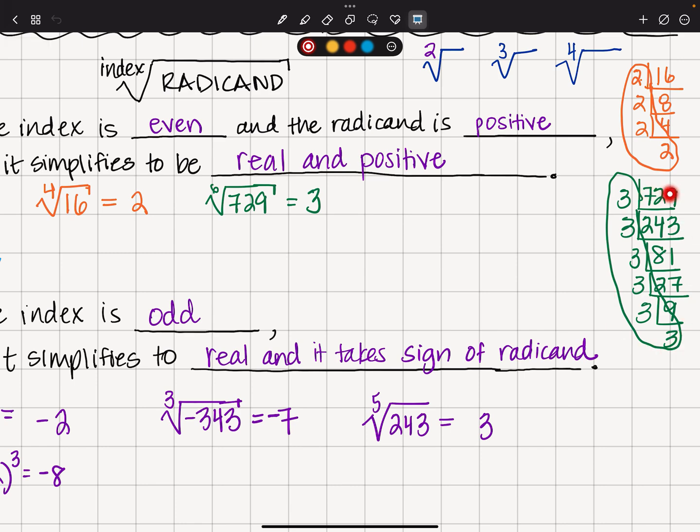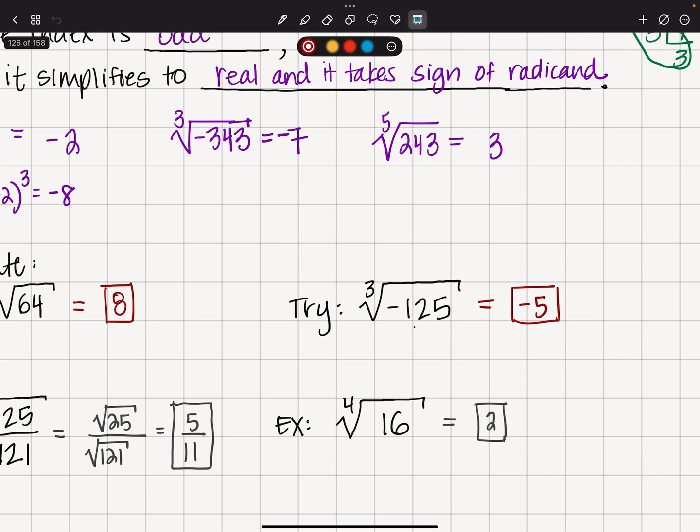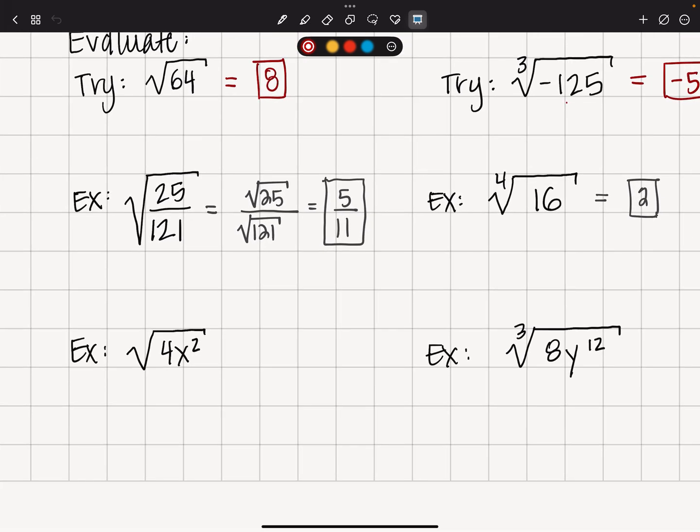So 729 is a very special number. 16 is a special number. 343 is a special number. Those will be all over these lessons in this next unit.